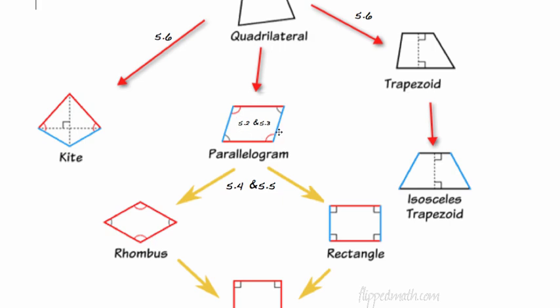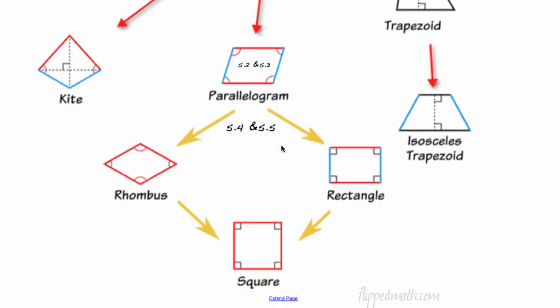But the last couple sections we've talked about parallelograms, and today we're going to talk about special types of parallelograms. You either have parallelograms that have all four sides congruent, or you have parallelograms that have all four angles congruent. If all the angles are congruent, they have to be right angles, and we call that a rectangle. If all four sides are congruent, then we call it a rhombus.